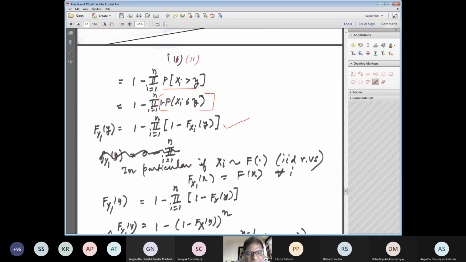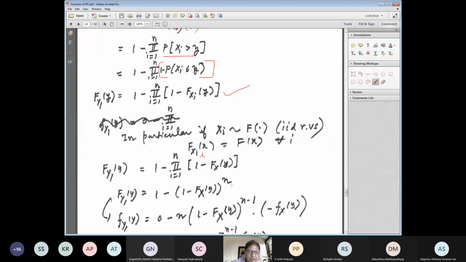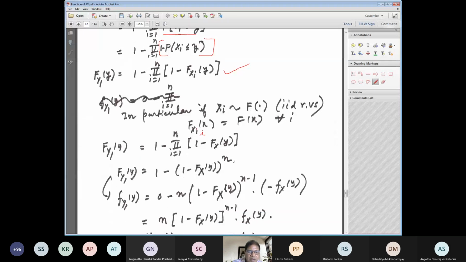Here it is i, not something else. So F_Xi is equal to F_X for all i, and when we substitute, it becomes 1 minus the product i equal to 1 to n of (1 minus F_X), and it can be written in powers. So this is the final result when they have an identical distribution.